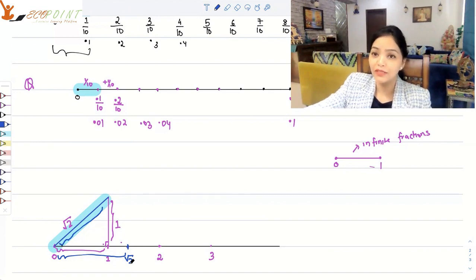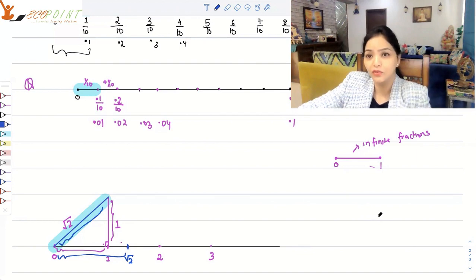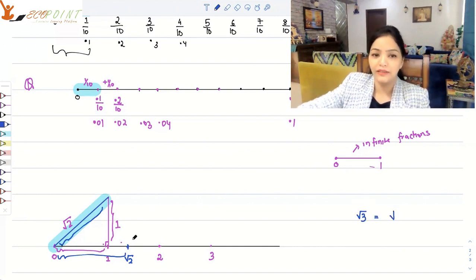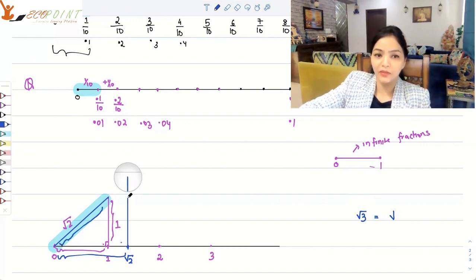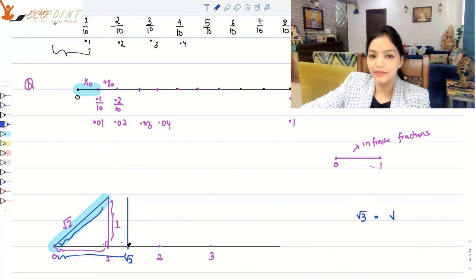So the fun part is that it's the same way I can find out √3, √2, √4, which is 2 only, √5, and so on and so forth. For that matter, if you want to understand what is √3, in the same manner I create another triangle, taking the base as up till √2, and height as 1 only.